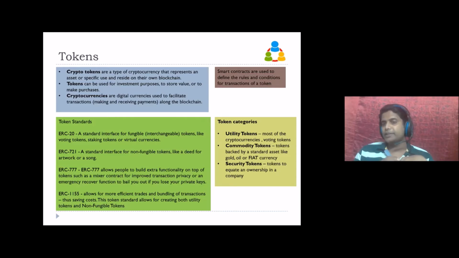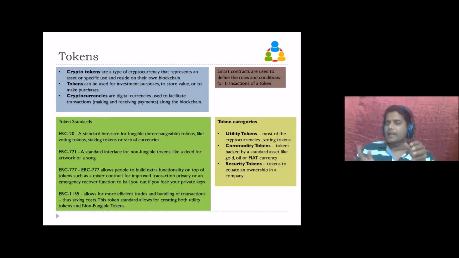And there is this commodity token, which will be backed by a digital asset, or you deposit gold and then they will create as many tokens in circulation as much gold is there, and then you can buy, and the value of the token can increase or decrease based on the value of the gold.